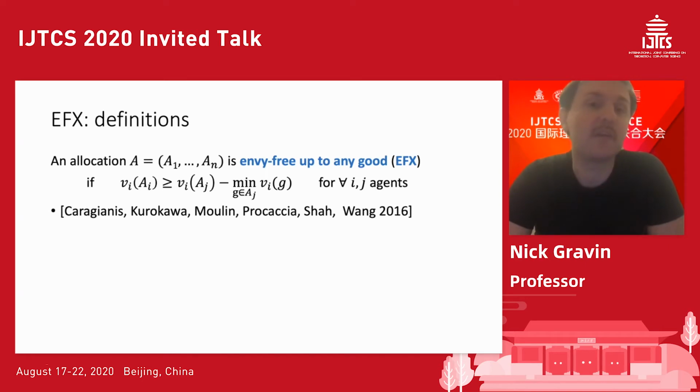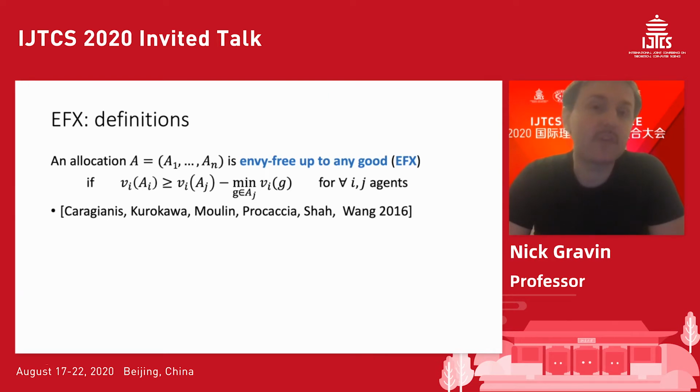So v_i of the allocation they get, A_i, should be at least v_i of anyone else's allocation, A_j, up to any item. So for any item in the bundle A_j, if we drop it, agent i should prefer their allocation to this alternative. All right. So basically, we can write this condition as if we just drop the item with the minimum value now.